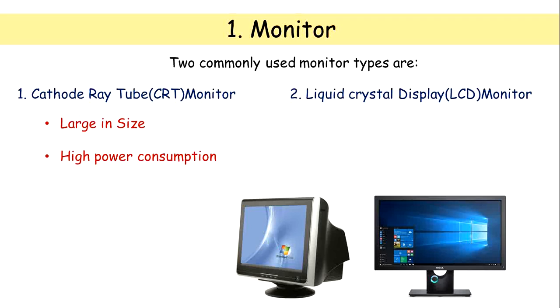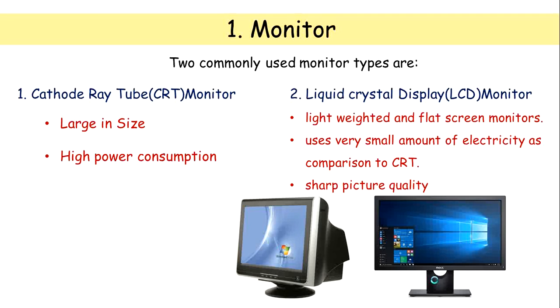Cathode ray tube monitors are large in size and they consume high power, while LCD monitors are lightweight and flat screen and they use a very small amount of electricity in comparison to CRT, and they have better picture quality as compared to CRT.